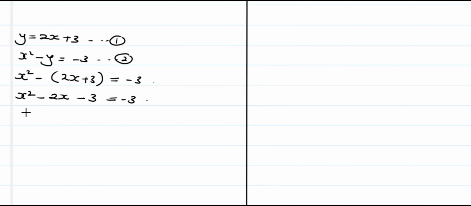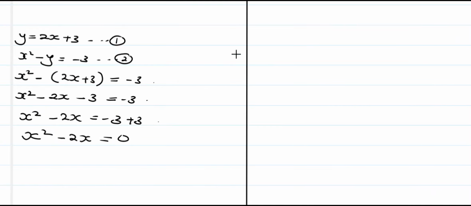Then this becomes x squared minus 2x. This is negative 3; if I take it to the other side, it becomes positive. So it becomes negative 3 plus 3, which is 0. So it becomes x squared minus 2x is equal to minus 3 plus 3, which is 0.